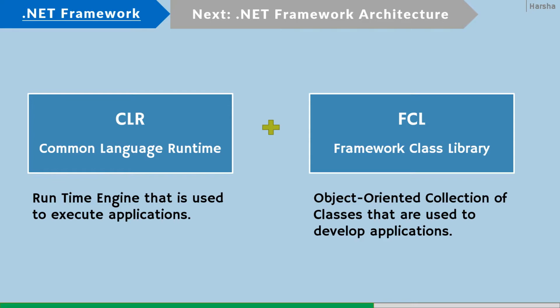And the other component in .NET Framework is FCL, that is Framework Class Library. Framework Class Library contains the complete library available in .NET. That means all the predefined classes, structures, interfaces that are available in .NET Framework are available in FCL. In other words, based on the FCL library only, the developers write the code.